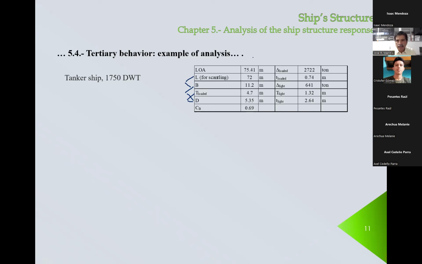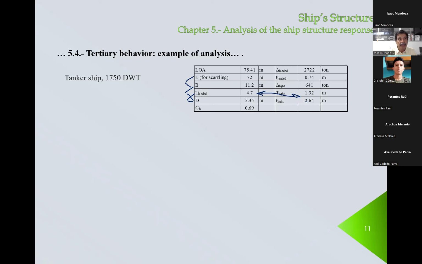In the light condition, something also very interesting, you see here that this number is very small compared with this one, and you see that the trim is very large.